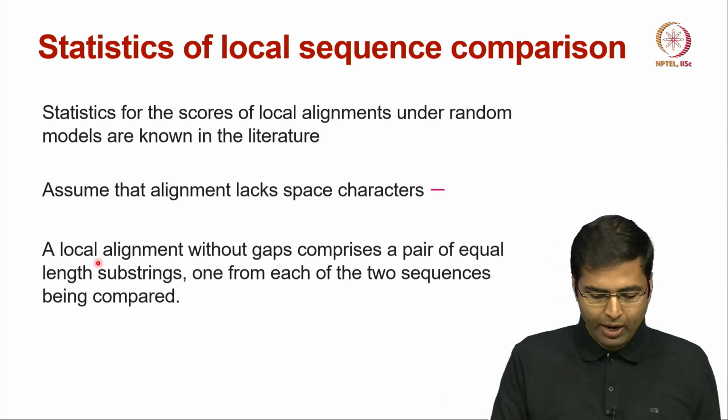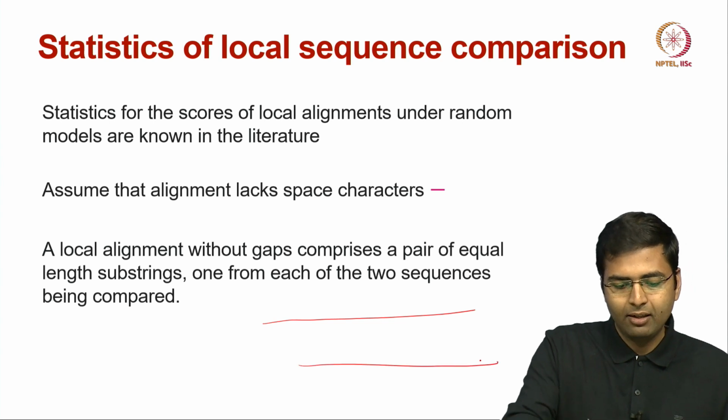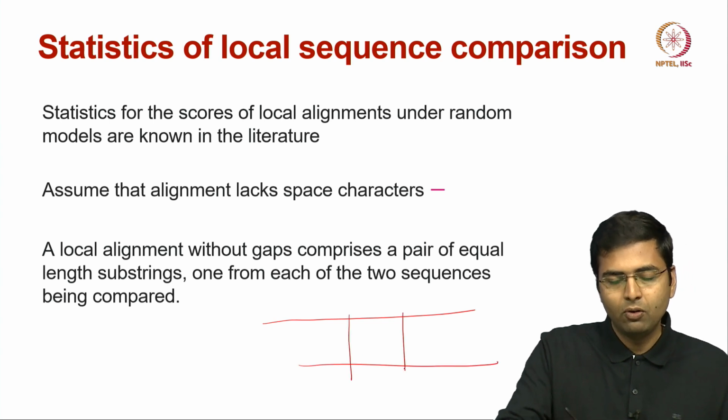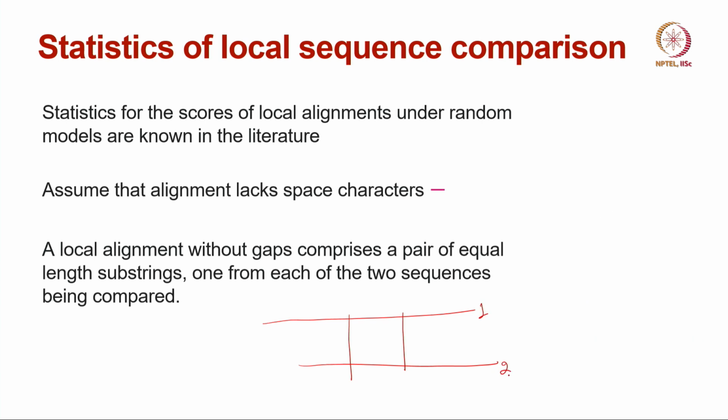So, if you have a local alignment between a substring of sequence 1 and a substring of sequence 2, and there are no gaps, then these two substrings must be of equal length, because for every character in the top sequence we must have an opposite character from the other sequence as well.